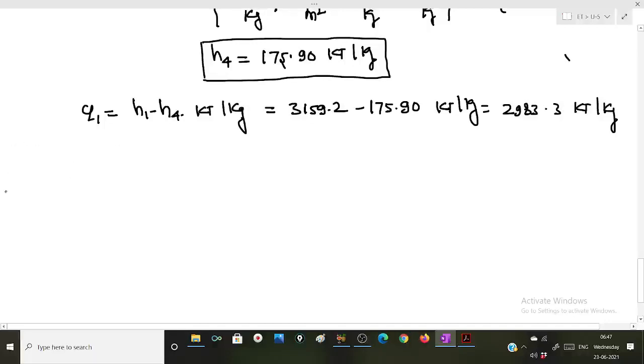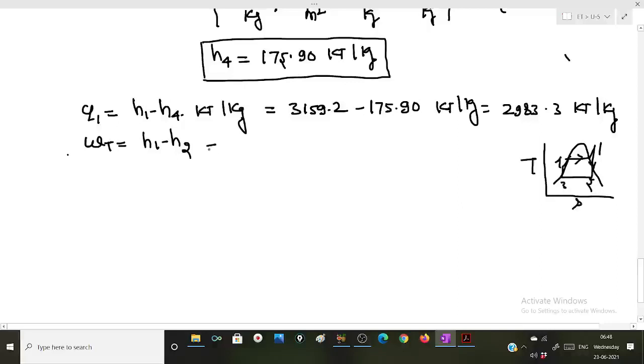Then let us calculate the turbine work WT. It is nothing but H1 minus H2. If you refer to this chart, this will be 1, 2, 3 and 4.